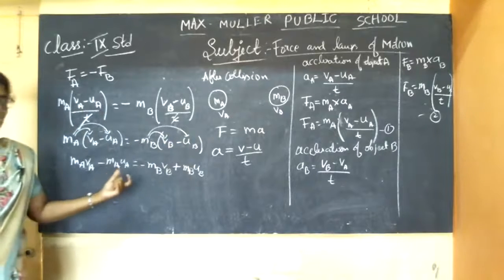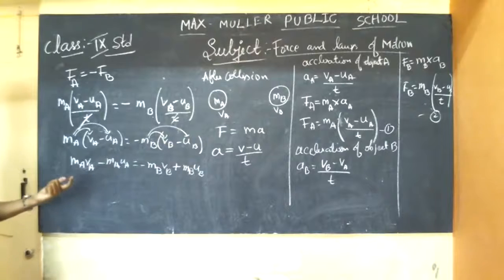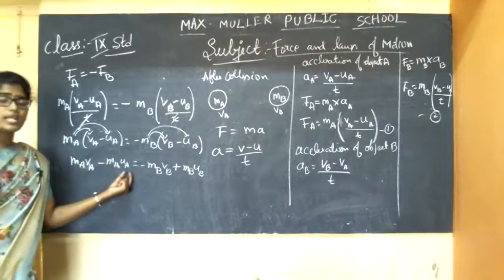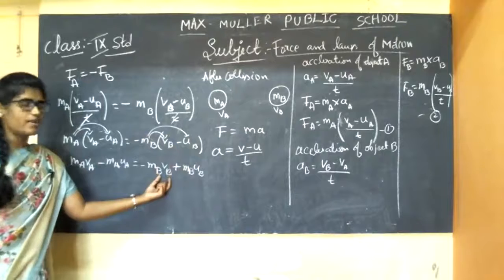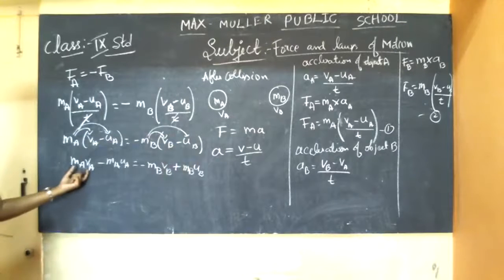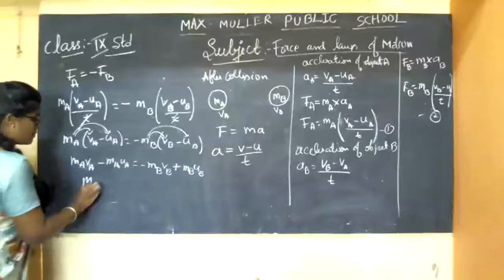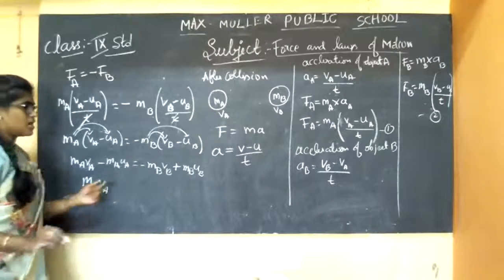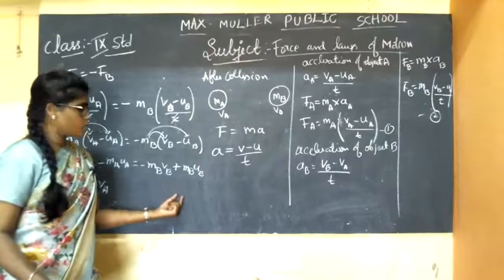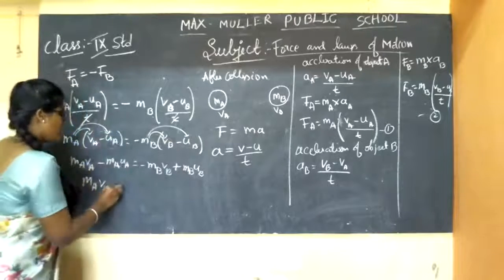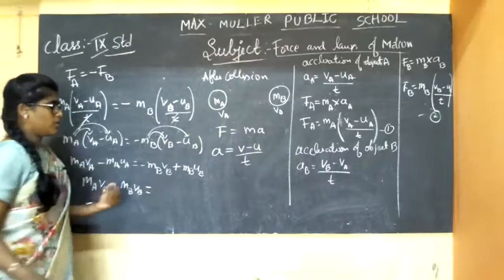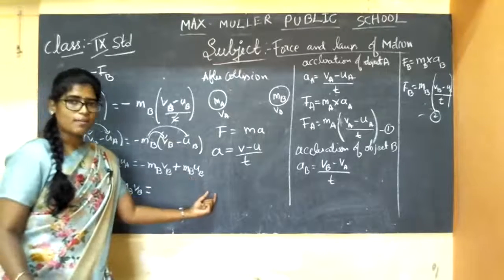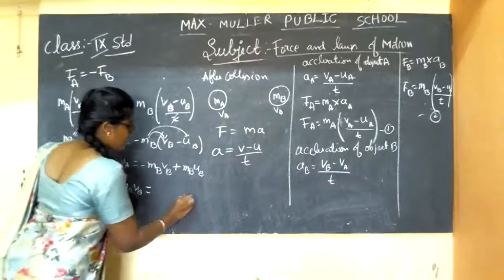Now what are you going to do next? You are going to shift the terms: all the initial velocities to one side and all the final velocities to the other side. Here the final velocity mA vA is already positive, so let me keep it as it is. Here mB vB is negative, so let me take it to this side and it becomes positive. mB uB is already positive, so I write it as it is.